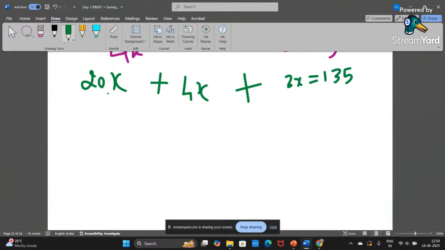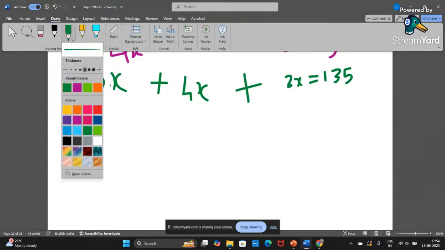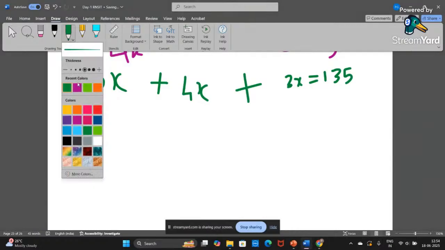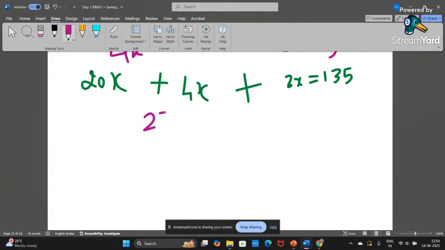Then what you have to do? Just find the x value like before, what you have done for the previous problem. 20x plus 4x plus 3x, it is 27x equals 135.